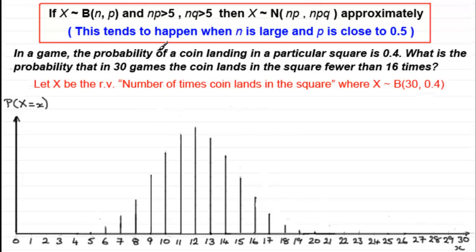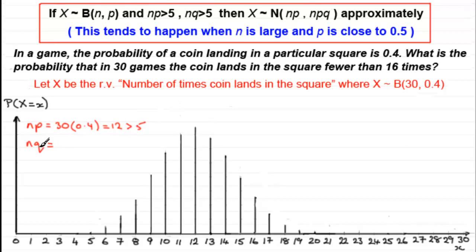And if we apply our rules that I showed you earlier on, if we look at np, let's just write it up here, np is going to equal n being 30 multiplied by p, which is 0.4, we end up with 12, and 12 is a value greater than 5. So we see that np is greater than 5. nq, let's just work that out, nq.